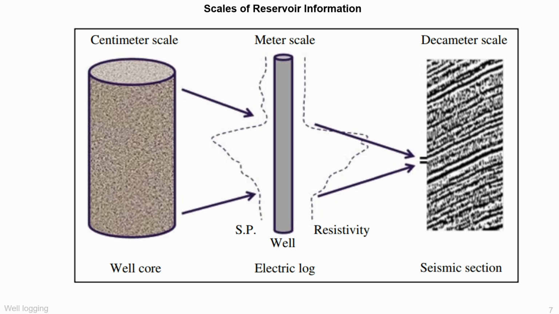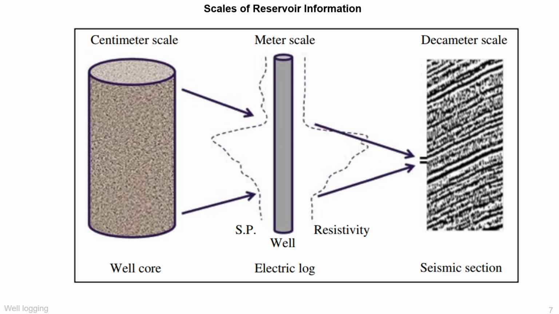This slide is conceptually very important. It shows three scales of subsurface information: centimeter scale from core, meter scale from electric logs, and decameter scale from seismic. This is a beautiful summary of how subsurface characterization works. Core gives direct but sparse detail. Logs give continuous well scale information.